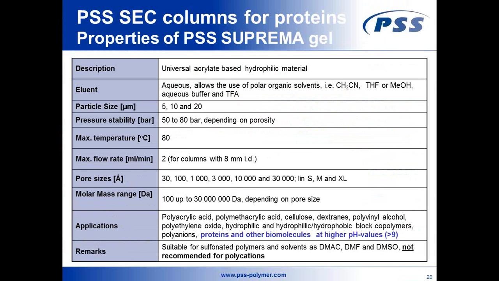So when your isoelectric point for the protein separation is above pH 9, it is highly recommended to do the measurement on a polymer-based material and not on a silica-based material, because it will not last very long, due to the fact that the silica bonds will break up at higher pH values. This is the reason why, for the complete spectrum of protein analysis, you need to have polymer and silica-based material.